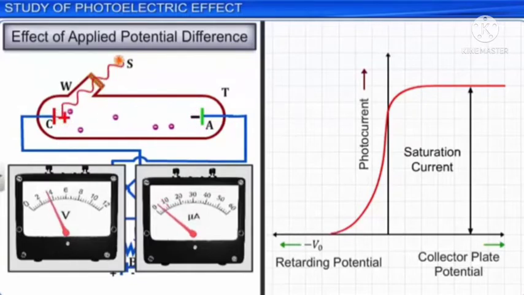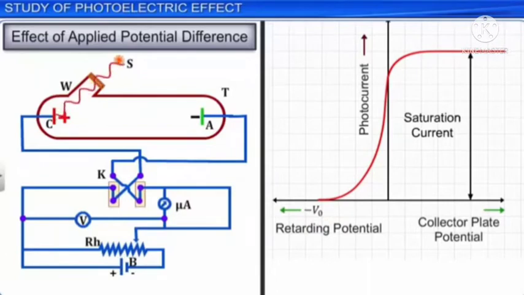As you continue to increase the retarding potential at a particular voltage minus V0 applied to the anode, you will notice that the photoelectric current becomes zero. The minimum negative potential V0 applied to the anode for which the photoelectric current becomes zero is called the stopping potential or cut-off potential.